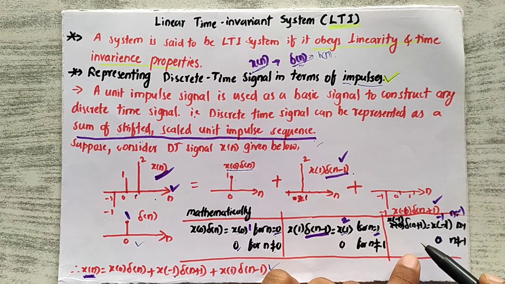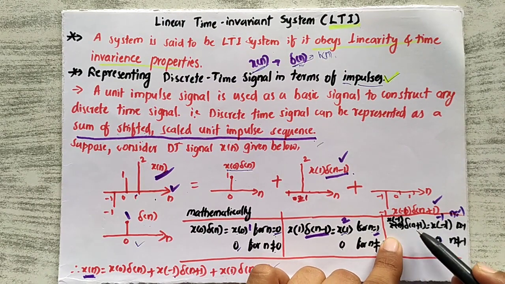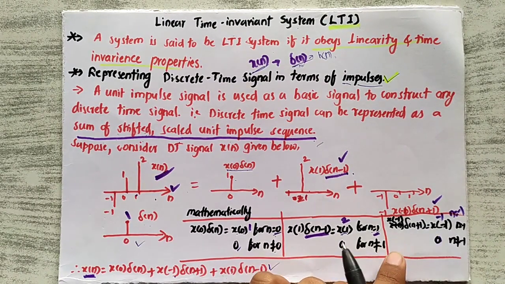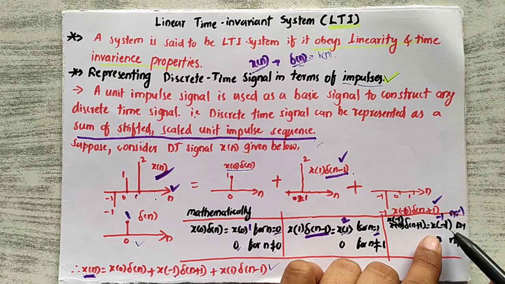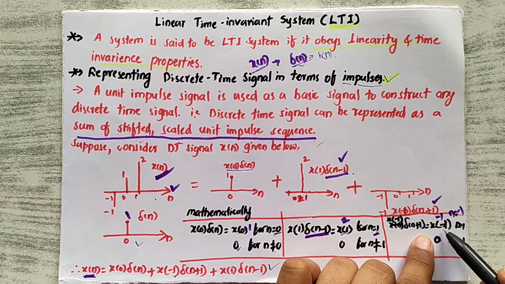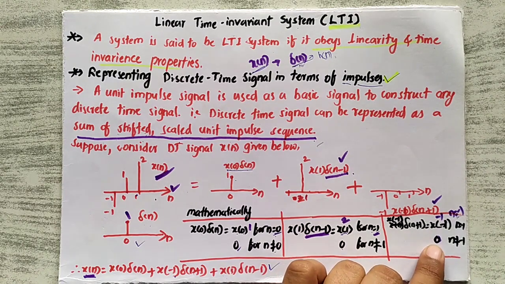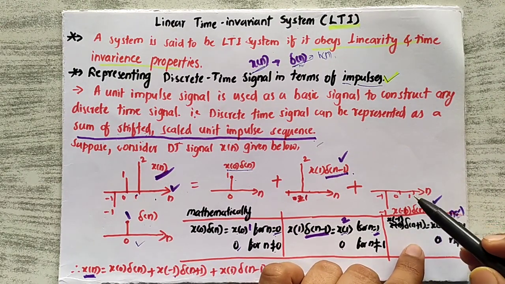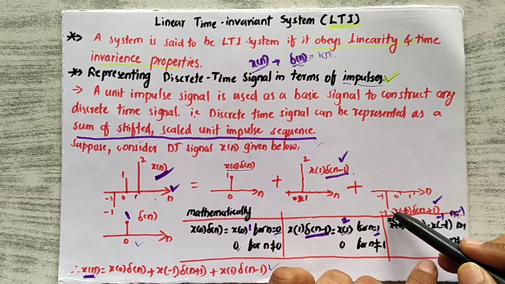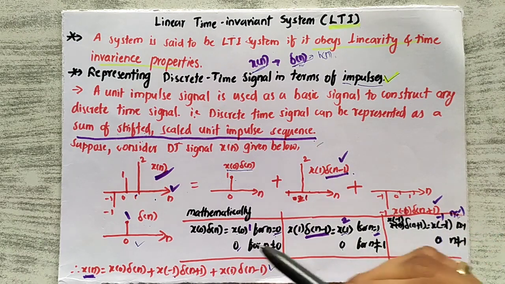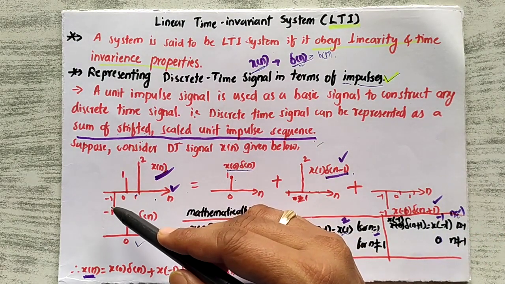Similarly in the third case, x of -1 delta n plus 1, it is the left shifted signal now. Its value will be x of -1 for n equal to -1, otherwise it is 0. Graphically we can represent that at -1 it will have amplitude -1, because that is there in x of n.